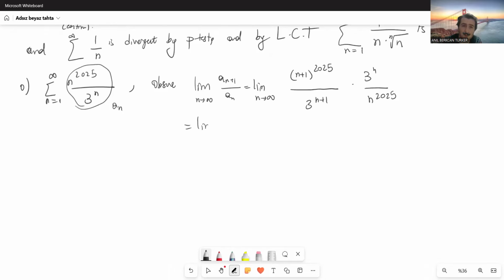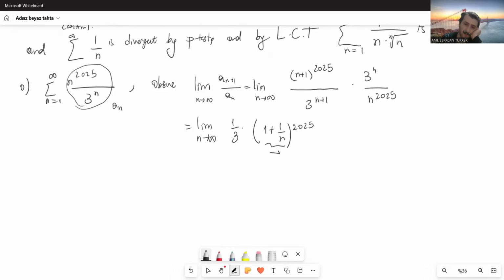So this limit, let us simplify, is 1 over 3 times (1 + 1/n) to the power 2025.